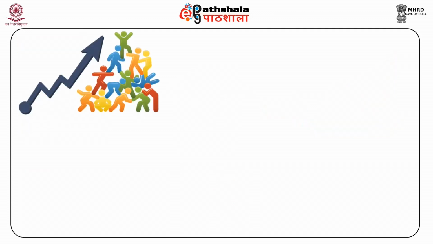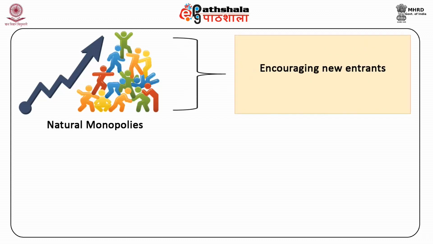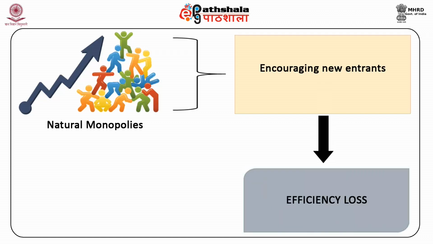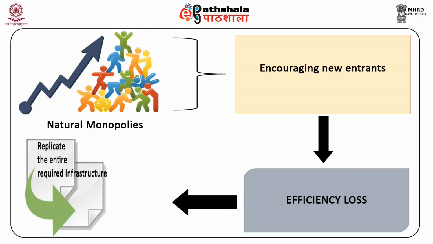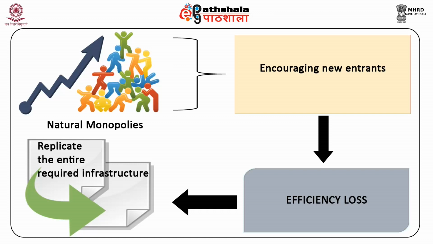Increasing competition in the case of natural monopolies by encouraging new entrants into the market results in an efficiency loss to society, as the new entrants would have to replicate the entire required infrastructure.